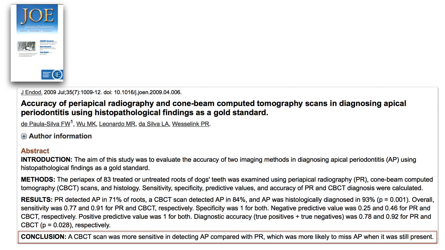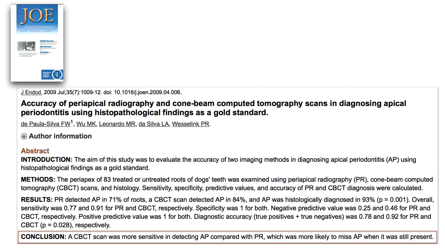So just some evidence to support what I just showed. The periapical radiograph was inconclusive. The CBCT scan clearly showed the presence of apical periodontitis in that case of tooth 3-2. There is some recent conflicting evidence about this topic, but it's been believed that in order to visualize apical periodontitis on the radiograph, there has to be some resorption of the cortical bone so we can clearly see it on the radiograph.